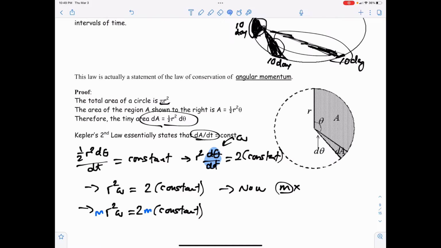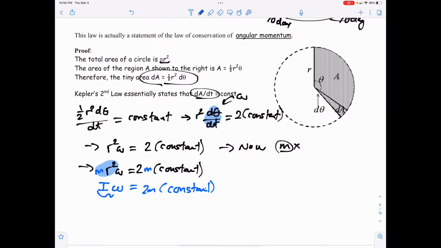Now, recall that mr squared, what is mr squared? Oh yeah, mr squared is the rotational inertia of a point mass orbiting something else, times omega equals this value of 2m times a constant. What does that mean? Angular momentum is constant.